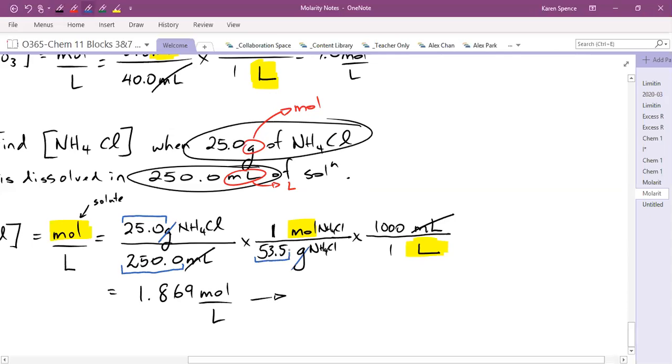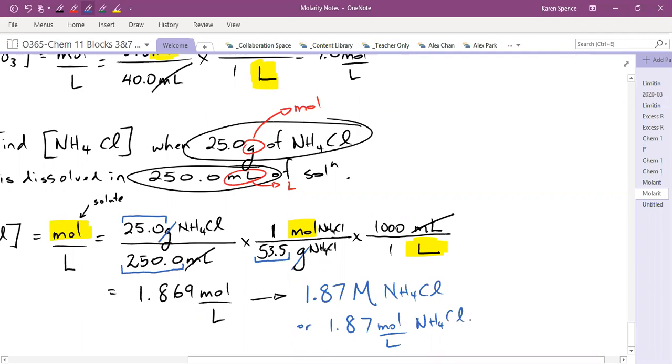So we have to go to 3 significant figures, so that would become 1.87, and I'm going to write it as molar this time. And that is NH4Cl, or you could write it as 1.87 moles per liter of NH4Cl.